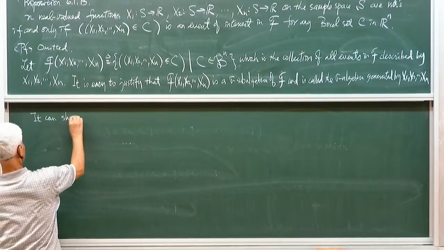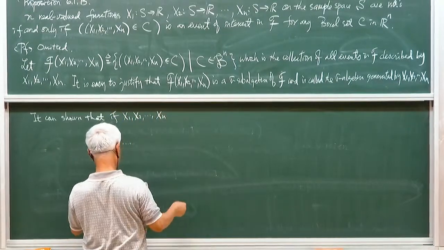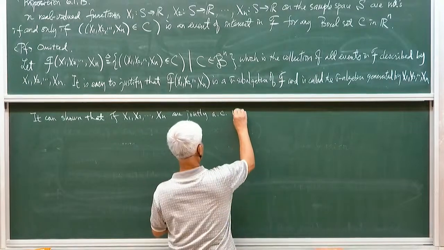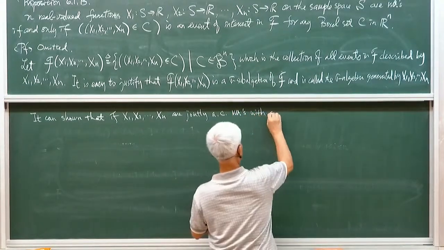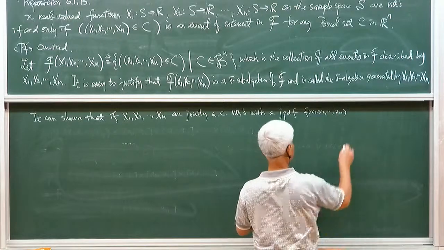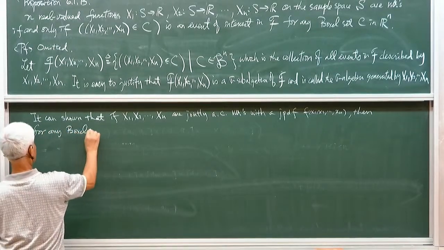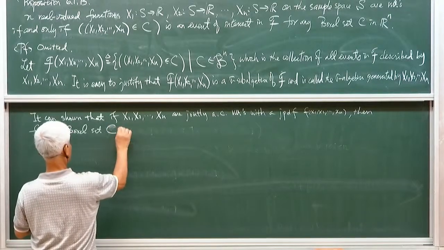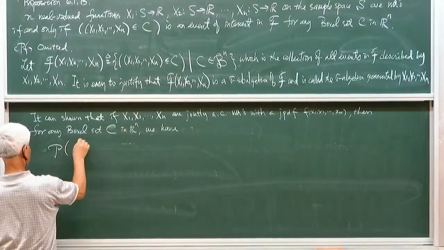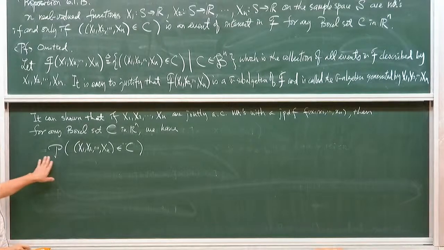It can be shown that if x1, x2 up to xn are jointly absolutely continuous random variables with a joint PDF f of x1 to xn, then for any Borel set C in Rn, we have that we can compute the probability of this event.